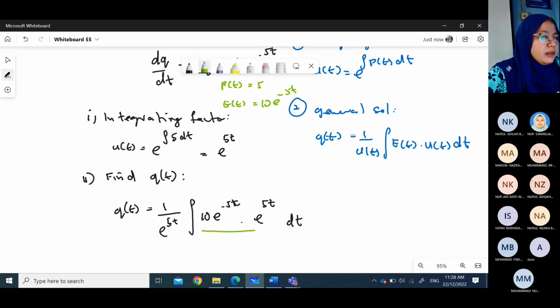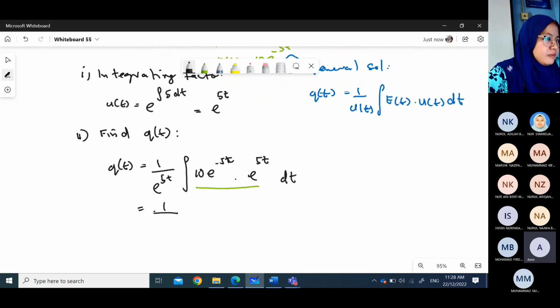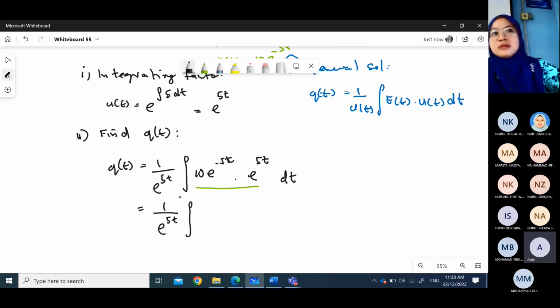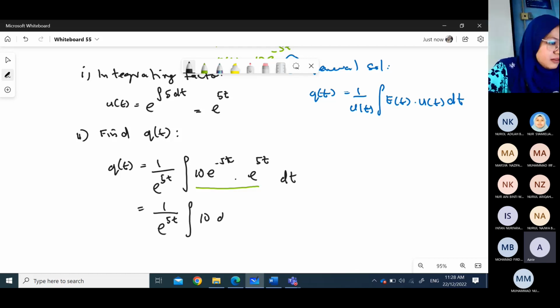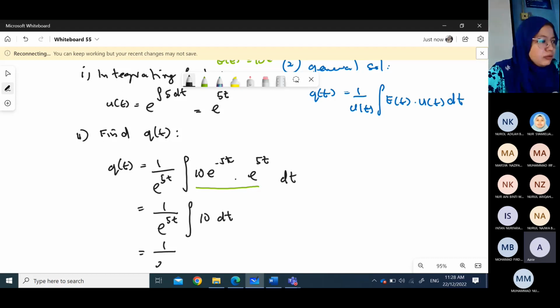Okay, so inside here we can simplify. Exponent 0 is 1. So 10 times 1 is 10. Okay. Alright. Mudah je. Just integrate. Then here we have 1 over exponent 5T multiply with 10T plus C. So therefore this is our Q of T.